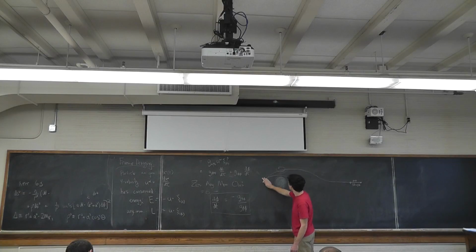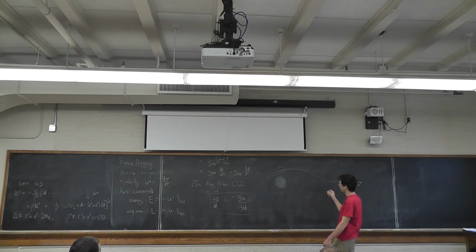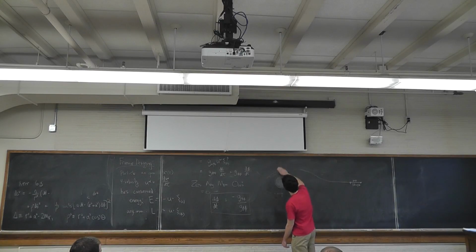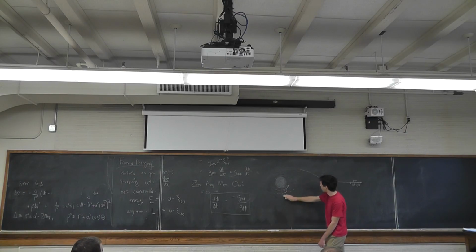Sorry, I can't draw. It'd be easier if the axis of rotation was outside. Oh yeah, we can look at it from above. That's good. Okay, so it's rotating this way. We're looking at it from above.